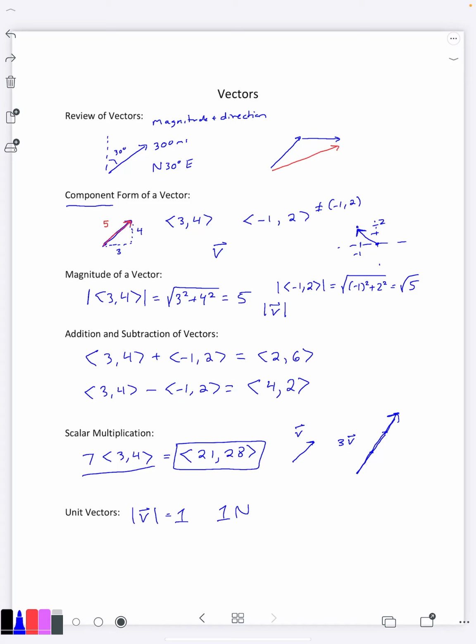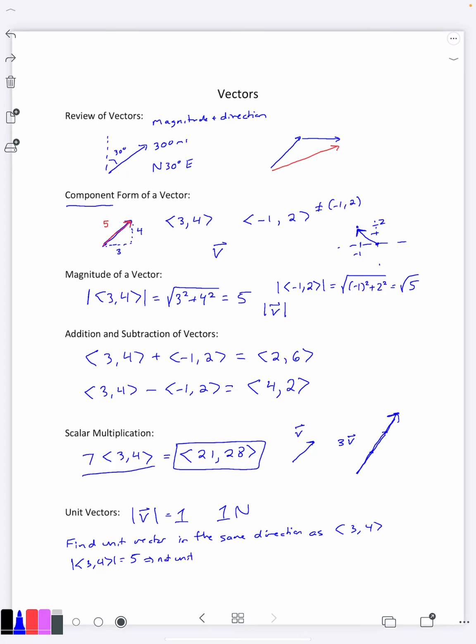And the nice thing is we can take any vector and turn it into a unit vector. So I could say, find a unit vector in the same direction as the vector 3, 4. Well, we know that the vector 3, 4 has length 5. Because it has length 5, it's not a unit vector. But I want a vector that has length 1.